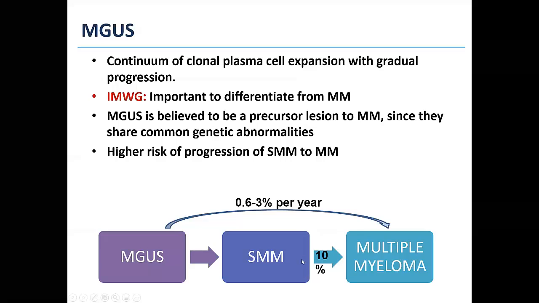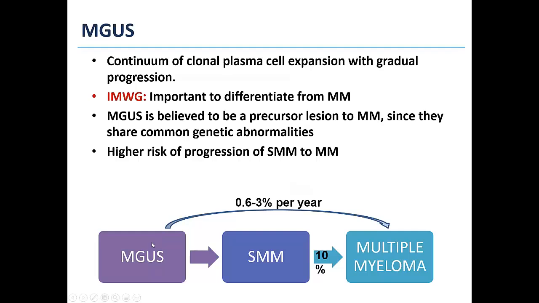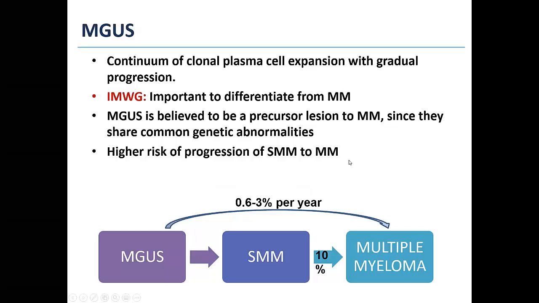So what is MGUS? Now MGUS is a precursor of multiple myeloma. The disease starts as monoclonal gammopathy of undetermined significance, and there is an expansion of plasma cell proliferation. There is a high risk of progression of smoldering myeloma to multiple myeloma.